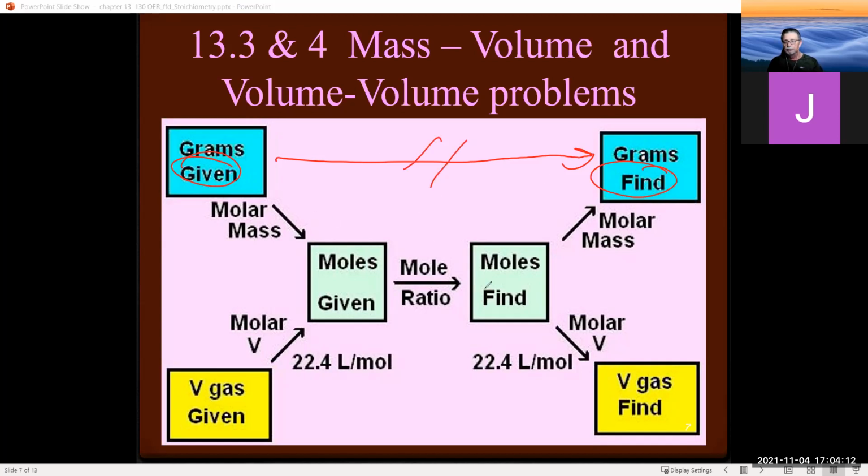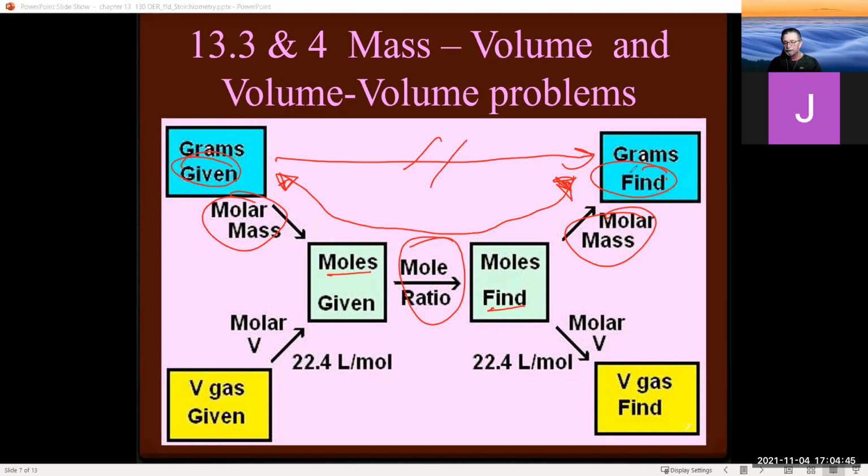I have to go through moles. So I need the molar mass of what I'm given, which will give me the number of moles. Then this mole ratio comes from the balanced chemical equation, which gives me the moles I'm looking for. And then its molar mass will get me the grams that I'm looking for, okay? And I can go in both directions. You're not limited to only one direction, okay?